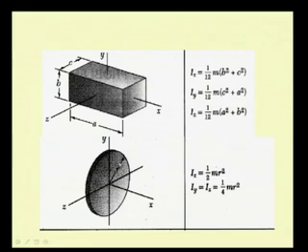For the disc, we have already found with respect to the perpendicular axis, it is 1 by 2 m r square, and Iy, which is same as Iz, is equal to 1 by 4 m r square.